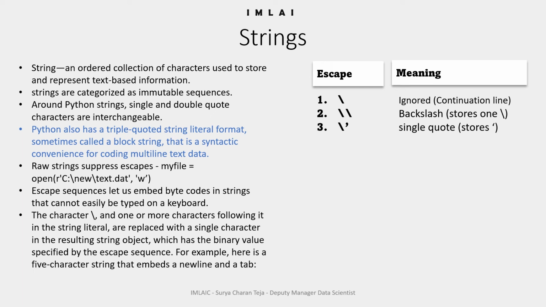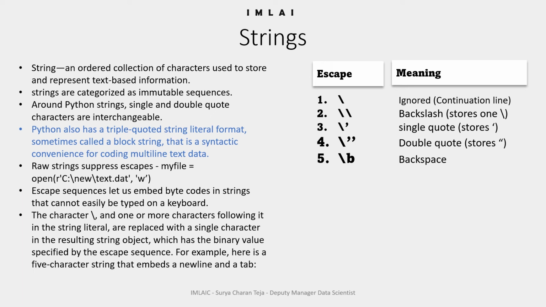We'll just code it in a Jupyter notebook and explore what it is. For now, try to understand the escape sequence and the purpose of that escape sequence. Consequently, we will do everything. Next, if you use a double quote escape, it stores a double quotation inside your string object.